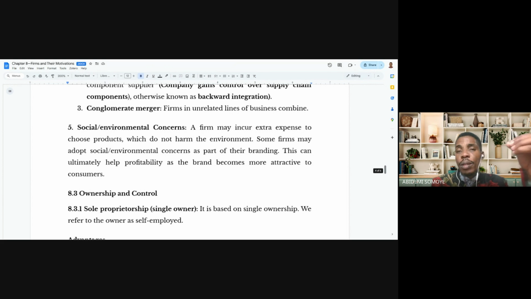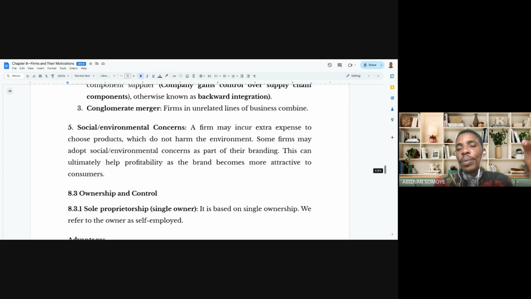But what can also help such firms is being concerned about how their product contributes to the sustainability of the environment, or how it affects the environment, either positively or negatively. So a firm may incur extra expense to choose products which do not harm the environment. Some firms may adopt social and environmental concerns as part of their branding. This can ultimately help profitability as the brand becomes more attractive to consumers.